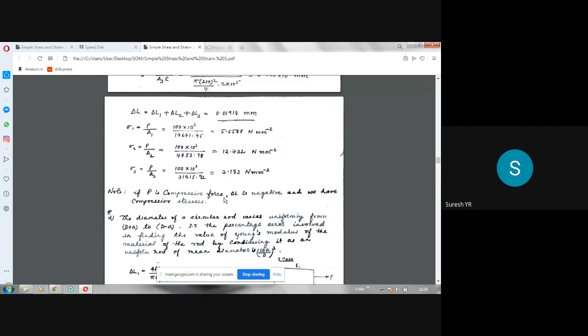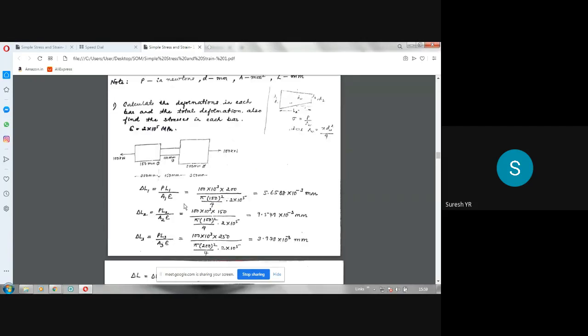If in the same problem they give 100 kilonewton in this direction on both ends, it becomes a compressive force. Compressive stress will be developed, and instead of elongation you will have contraction. That's the only difference; the formula remains the same.